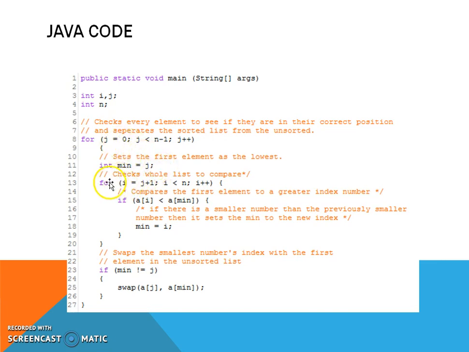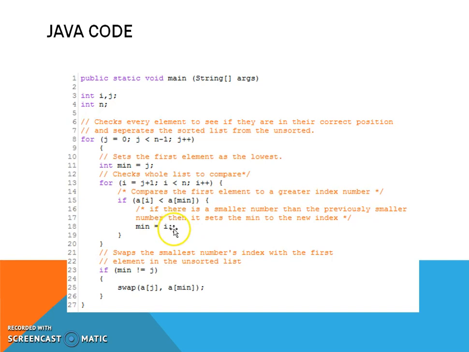And the second for loop inside will be checking if it is smaller than the other elements in the array. So you have the new element. If it is less than the current minimum value, which was the value that you had in the first position, then it will change it to the new minimum value.